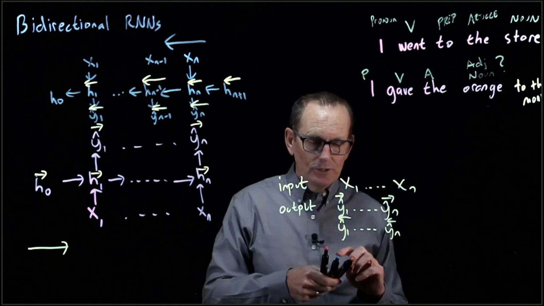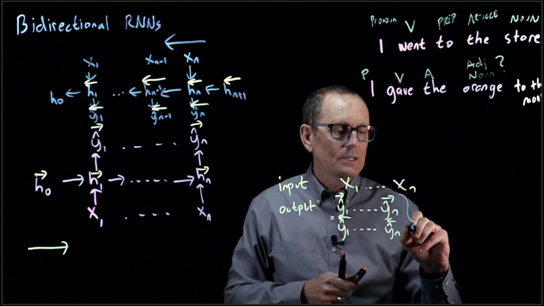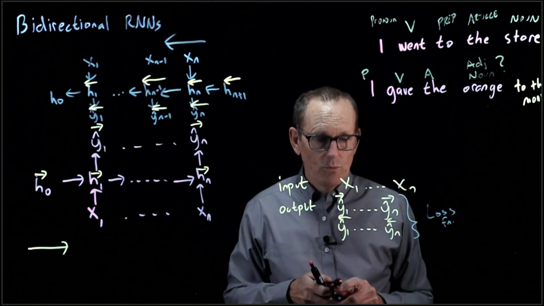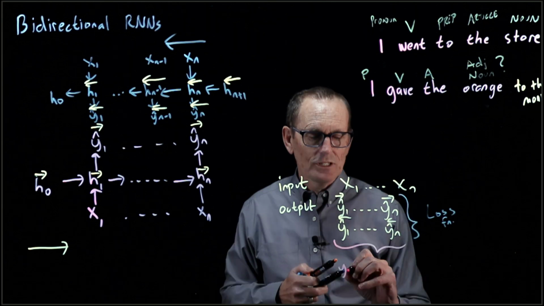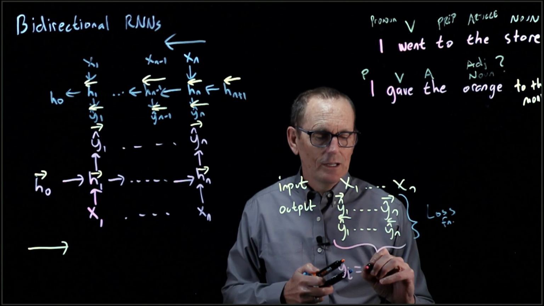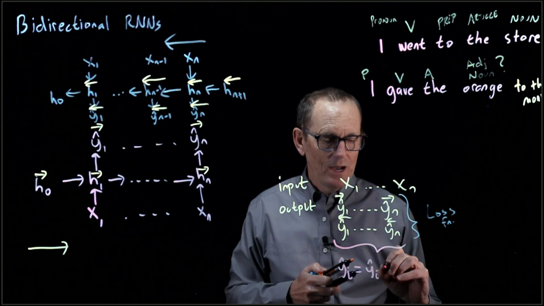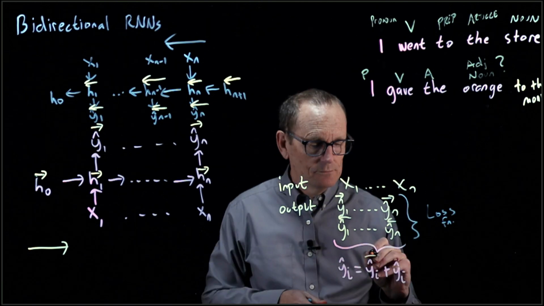So we could feed both of these y hats into a loss function. Or what we could do is take the y hats and just sum them together and get a single y sub i equals y hat sub i left plus y hat sub i right. That's another possibility.